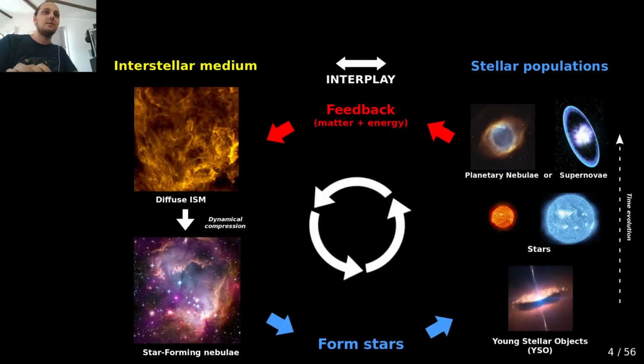I will start at the top left part with diffuse interstellar medium that is compressed dynamically to create star-forming regions, inside which stars will be born, and then they will evolve through time until their death, where they will give back matter and energy to the diffuse interstellar medium around them in the form of a feedback process.